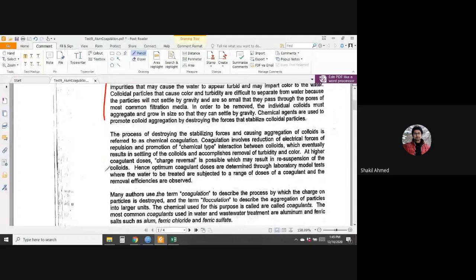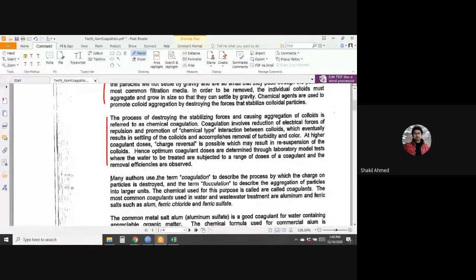So this is clearly described here. In coagulation, the charge on the particle is destroyed. So coagulation is the charge neutralization, and flocculation describes the aggregation of the particles, bringing them close together and making a larger one.